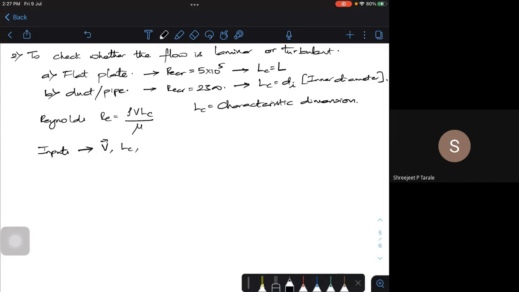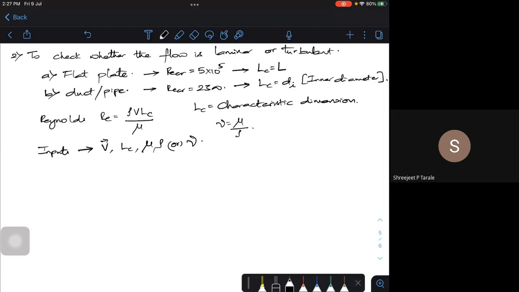Then I can have eta, which is equal to mu by rho. Or you can input mu, or you can input rho, whichever way you want. Either mu and rho, or eta. Either of these you can input. That's kinematic viscosity, or dynamic viscosity and density. So input all those things.